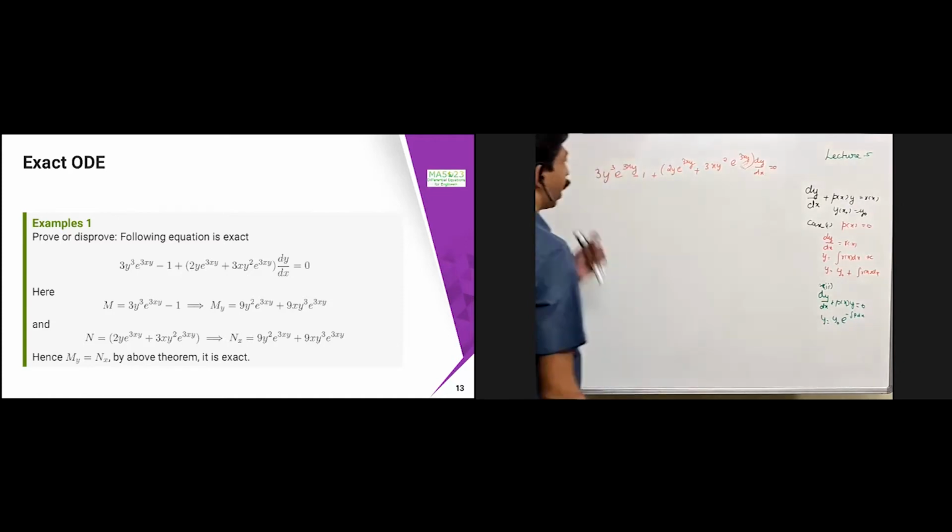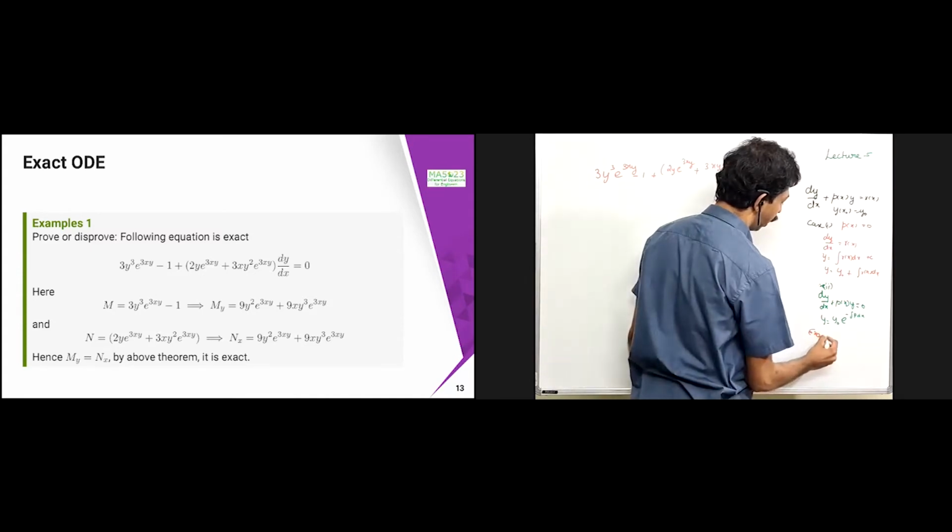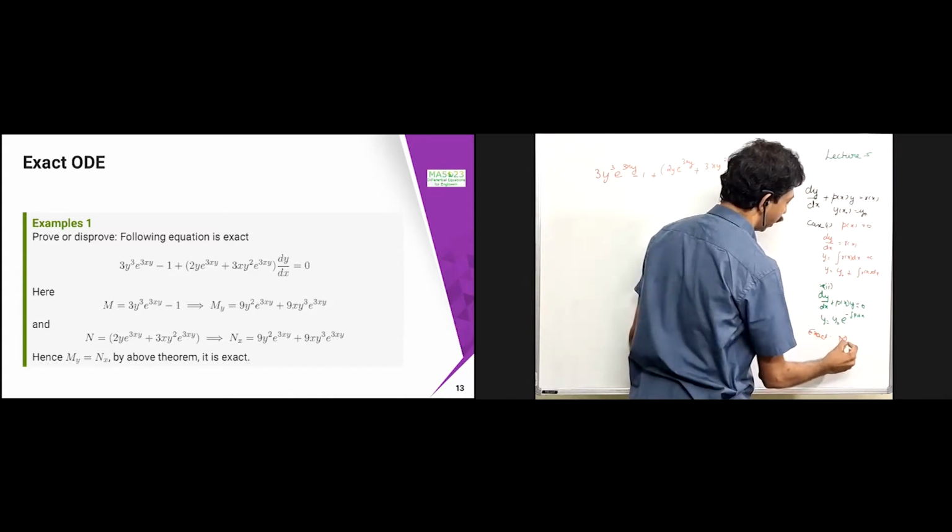So you need to check whether it is exact or not. For exact, what you need to check is my equal to nx. If you check that, then that is fine.